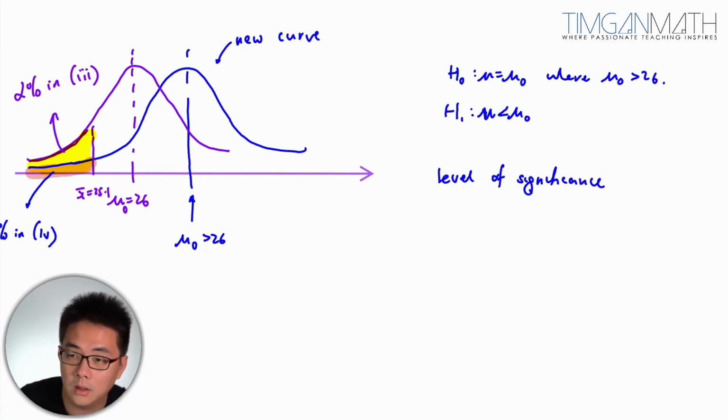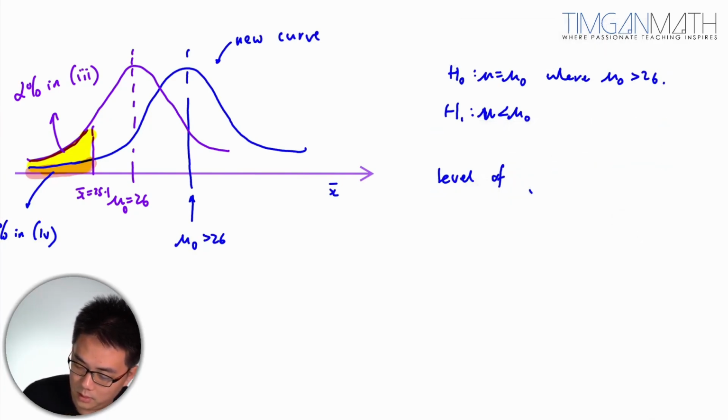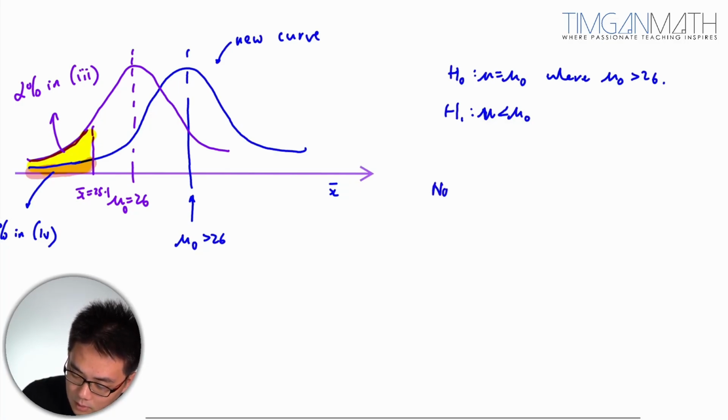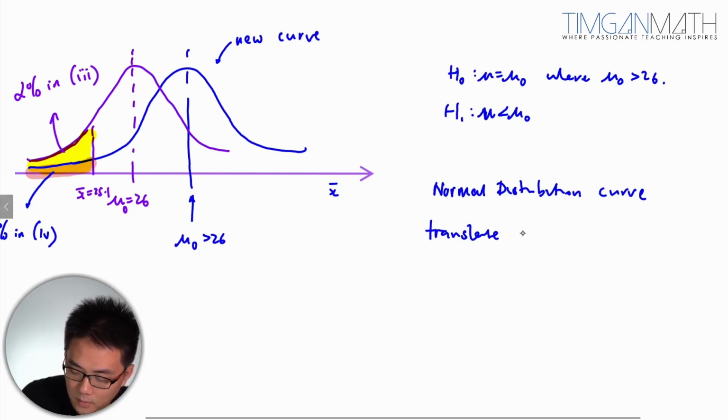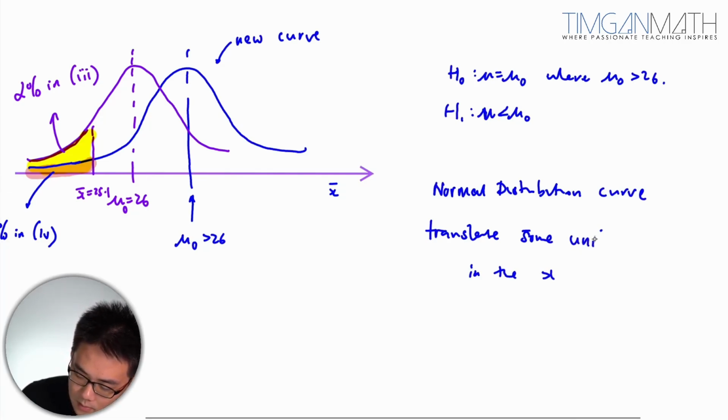So for the level of significance, this is my X bar. You could just write that the normal distribution curve is translated some positive units in the positive x direction.